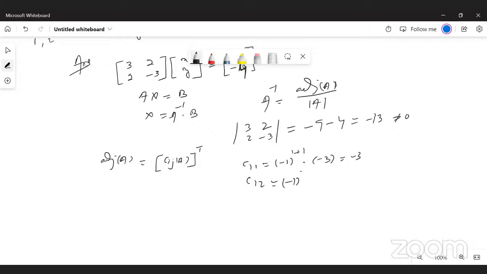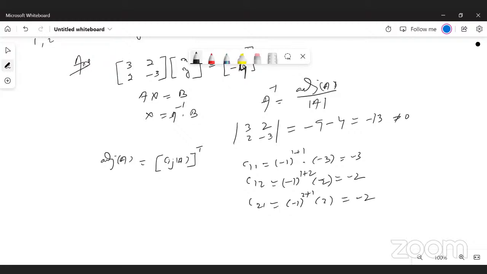Similarly, C12, first row, second column, its minor is 2, and thereby it becomes minus 2. C21, second row, first column, its minor is 2 again, and it is again minus 2.